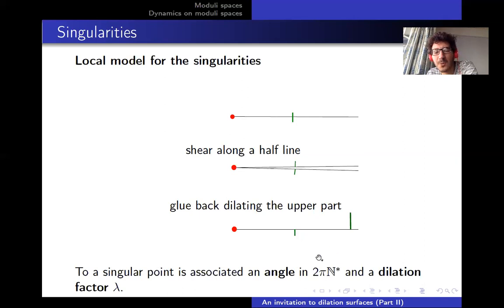And because I'm working with dilation surfaces, where I'm gluing everything using affine maps which have a real linear part, I'm forced to have angles that are multiples of 2 pi. So that's it for singular points. Hopefully you understand the structure of those singular points.